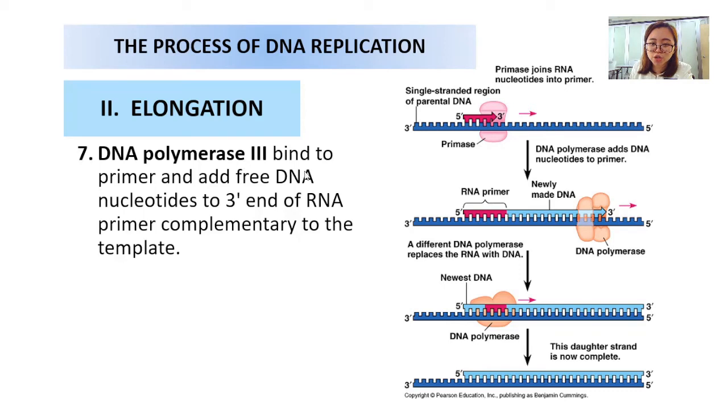DNA polymerase 3 datang cari primer itu dan dia akan tambah DNA nucleotide yang betul. Macam mana dia decide mana satu DNA nucleotide? Dia tengok berdasarkan template. Tambah. Mula daripada 5' end, memanjang ke arah 3' end. So, elongation will occur from 5' to 3' direction of new strand.